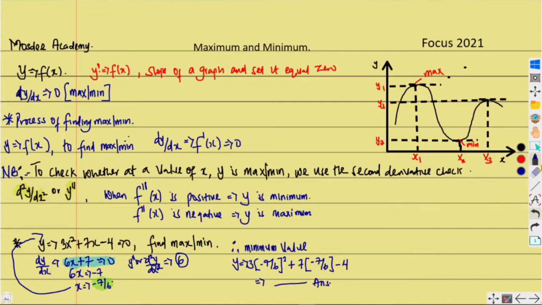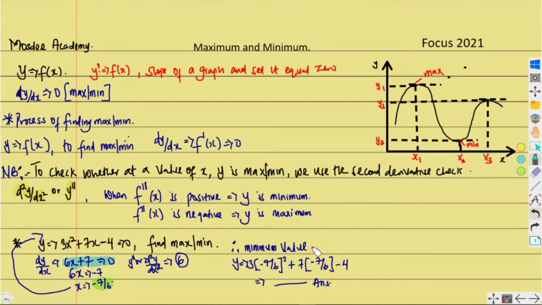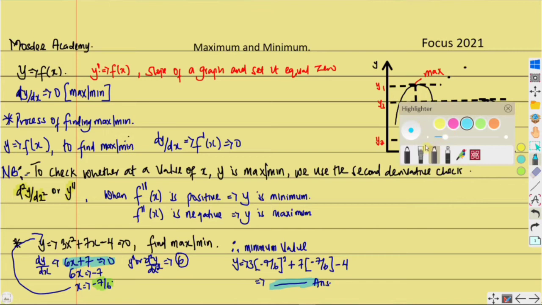So always keep that in mind, please, whenever you are doing minimum and maximum value inside the xy plane. Always have it at the back of your mind that the second derivative check is important to know if the value is minimum or maximum. Then the question is, what is the maximum value of this question?